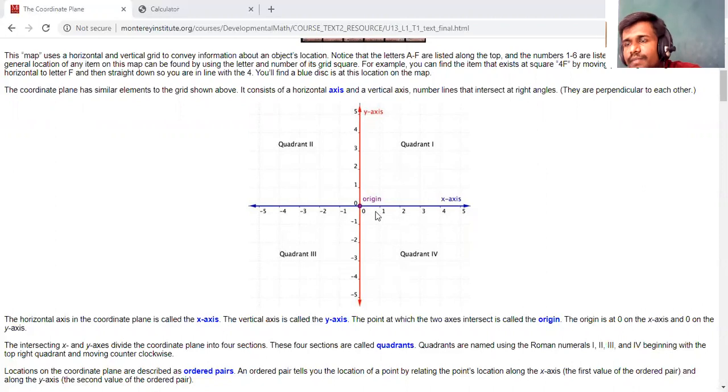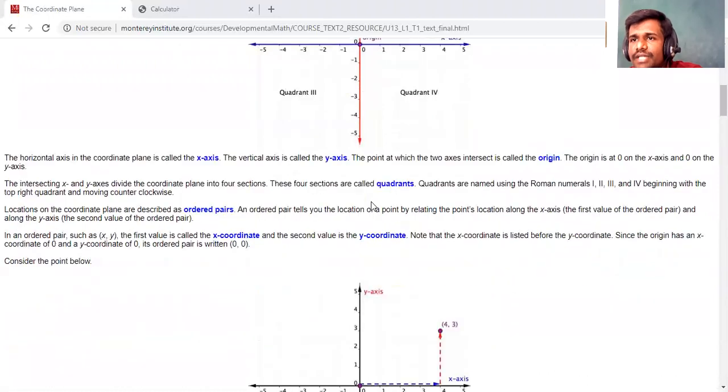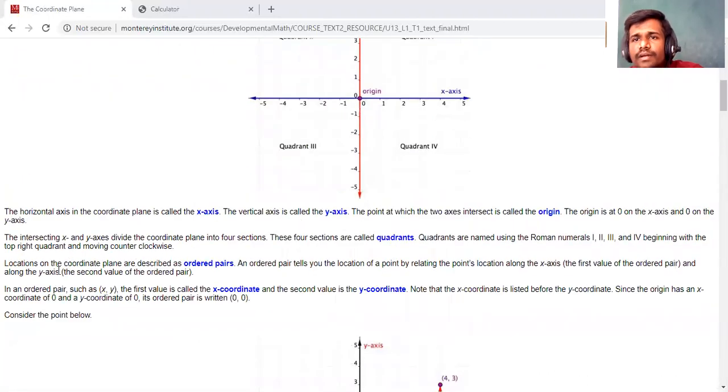The intersection point of the horizontal line and the vertical line is called the origin. Now the points in a graph are called ordered pairs. An ordered pair looks like (x, y) in an open bracket.